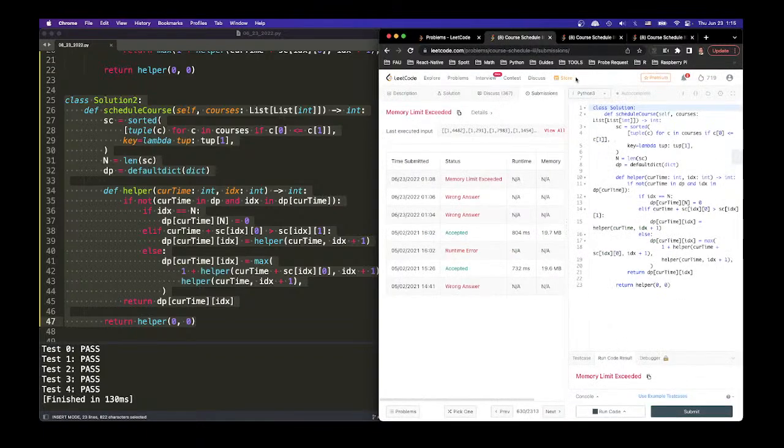All right, think about it. So this solution works, but it just takes too much memory, right? So we cannot do it. So what is the idea? It's not replacing the classes that have not been taken.